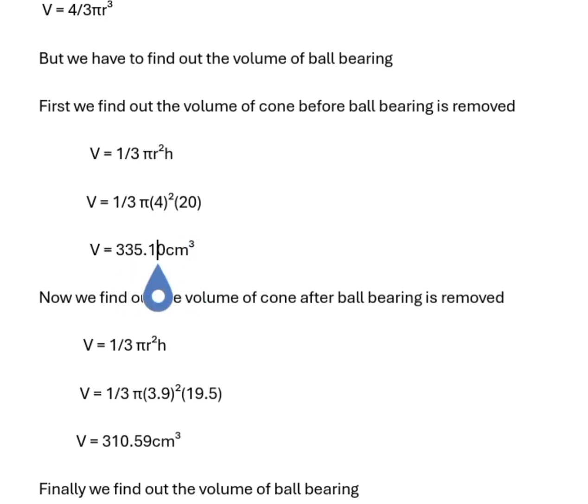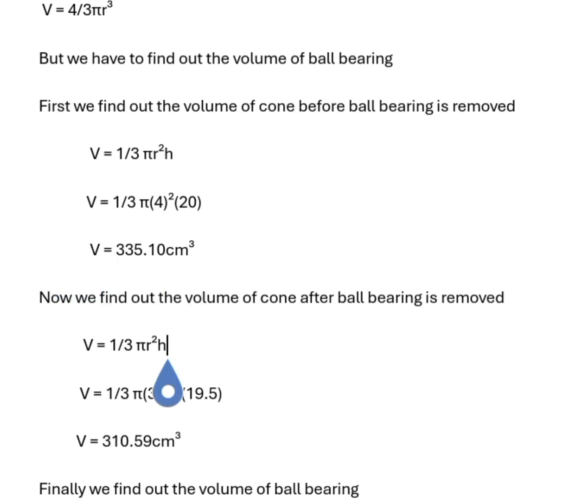So 1 over 3 pi into 4 square into 20, which is equal to 335.10 centimeter cube. This is the volume of the cone before the ball bearing is removed.